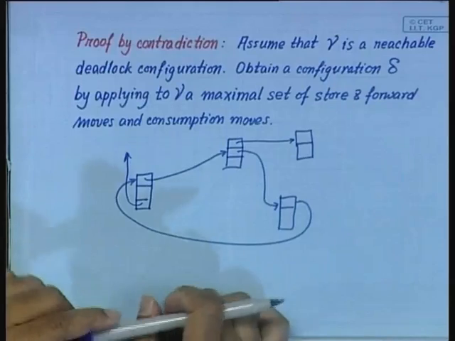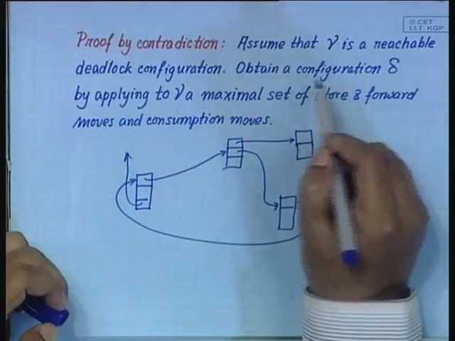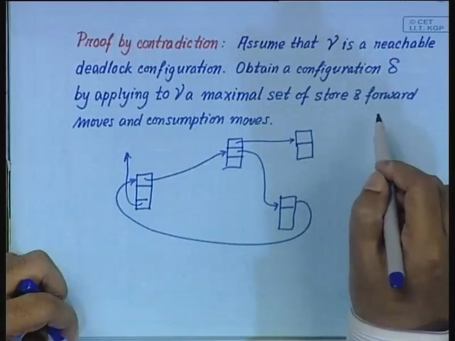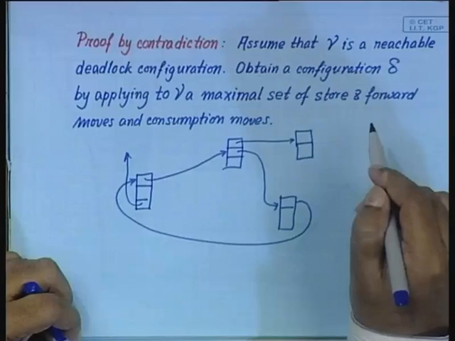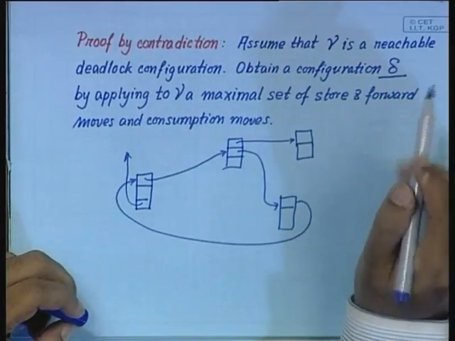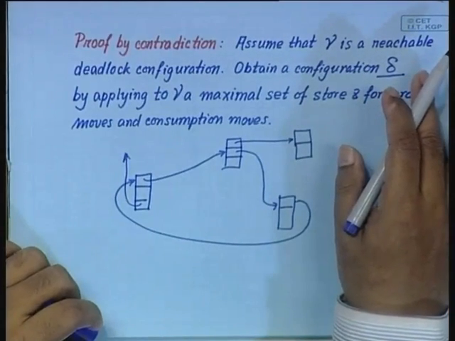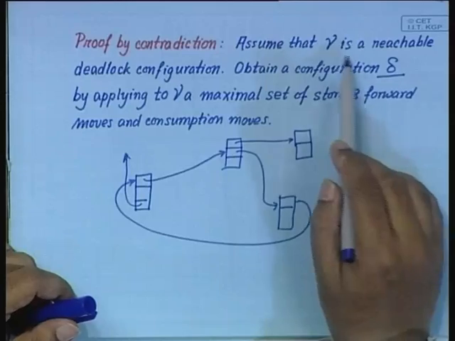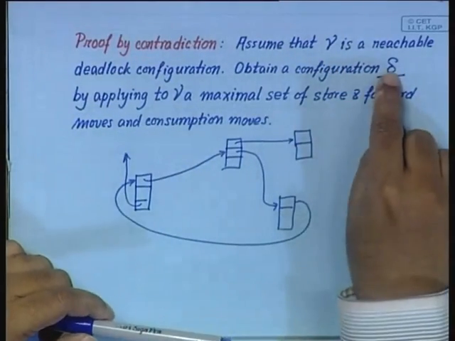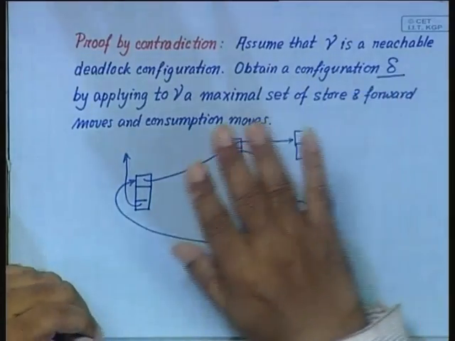So, from gamma we are checking which packets can still be forwarded, which packets can still be consumed, and we continue doing that until we reach a configuration delta where no more moves are possible. So, we obtain delta from gamma, and delta is a configuration where you cannot forward any packet, you cannot consume any packet.